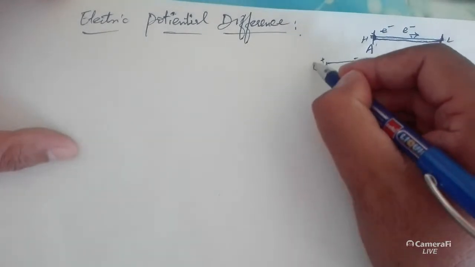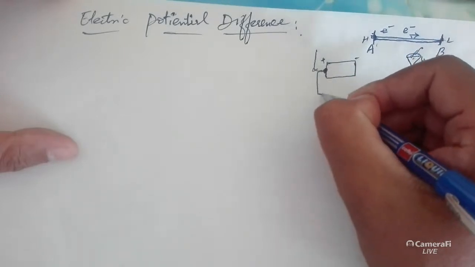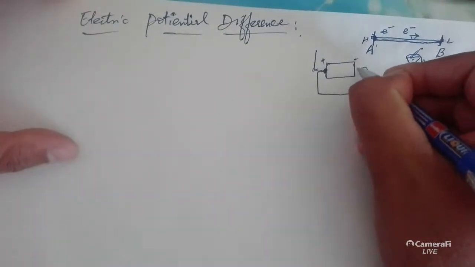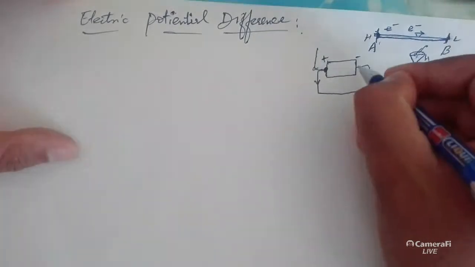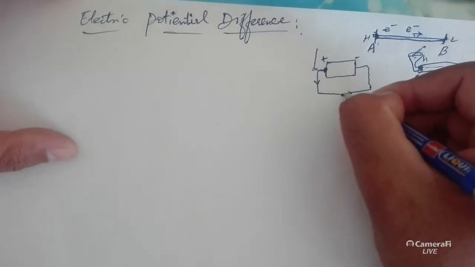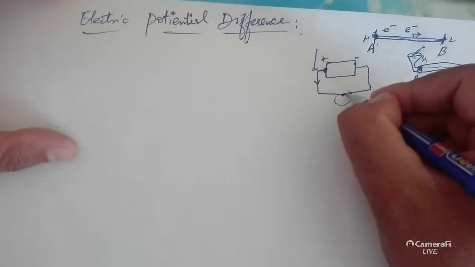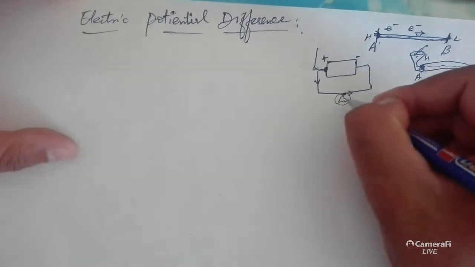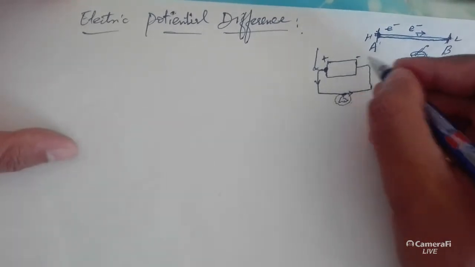We want the current to come from one terminal of this cell to the other. In between we want to keep some device. This device can be anything, for example a small bulb, but finally the current has to come back and move to the other terminal of the battery.